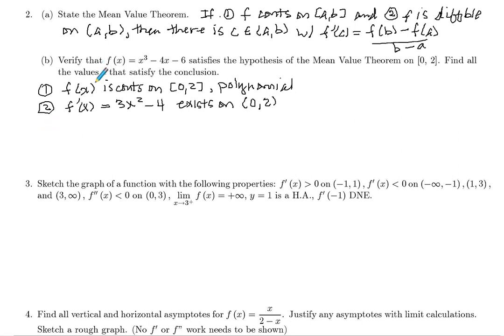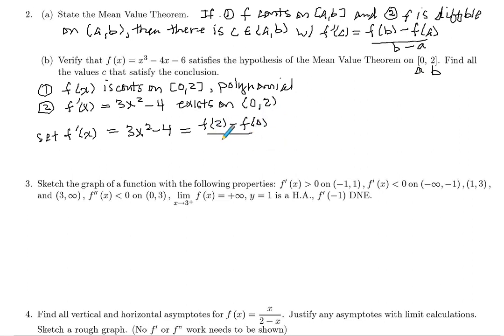And then to find the values of c, we want to set our f prime of x, or f prime of c, which is 3x squared minus 4, equal to, with our a as 0 and our b as 2, f of 2 minus f of 0 over 2 minus 0.